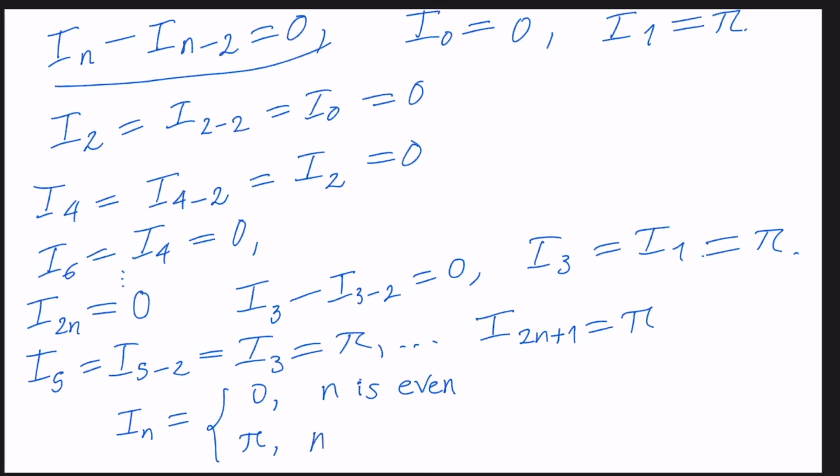And pi if n is odd, like 1, 3, 5, 7, 9, 11, and so on. And okay, this shows that we have solved this problem because we were required to find the integral for all the natural numbers.